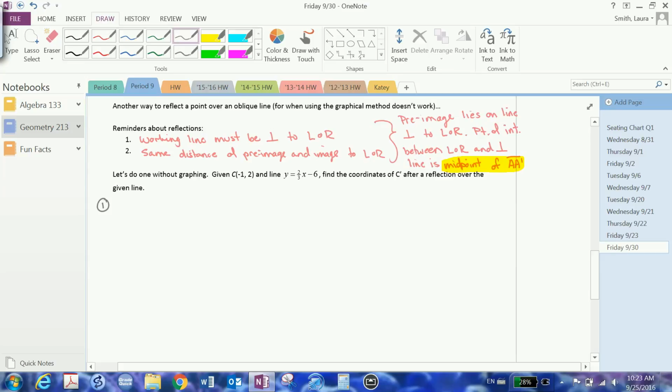My first step is going to be to write the equation of my working line.